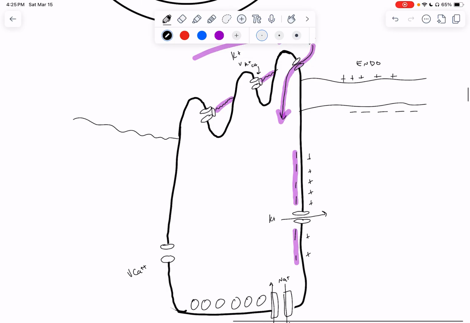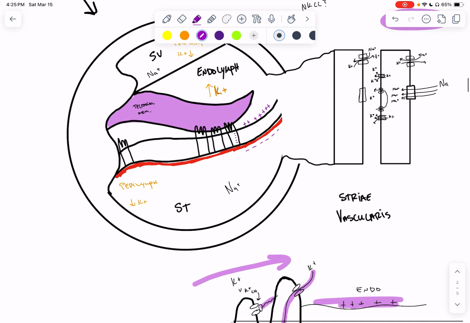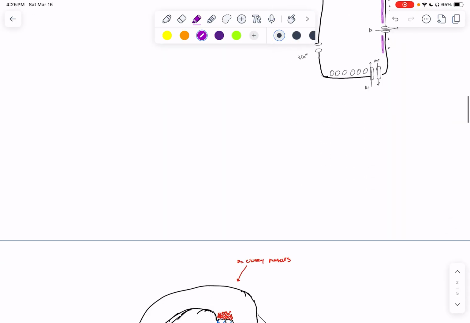And so this change from the endolymph here to the perilymph here, that changing of charge is what's going to cause the brain to understand that sound is present and will be able to interpret it.